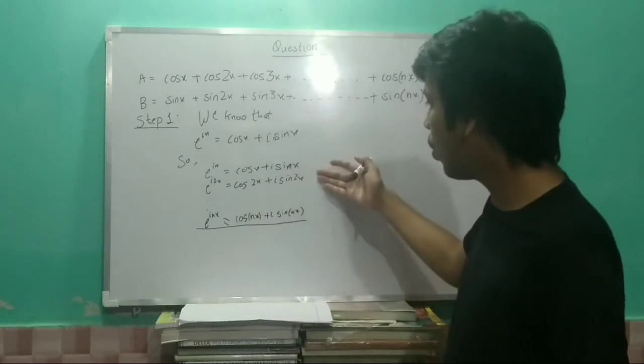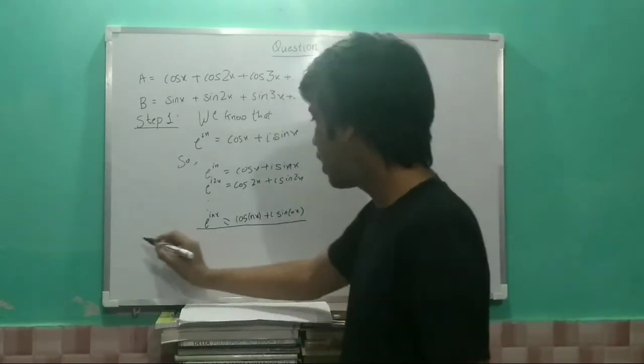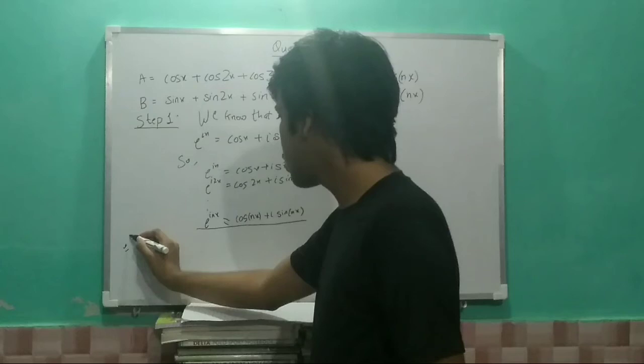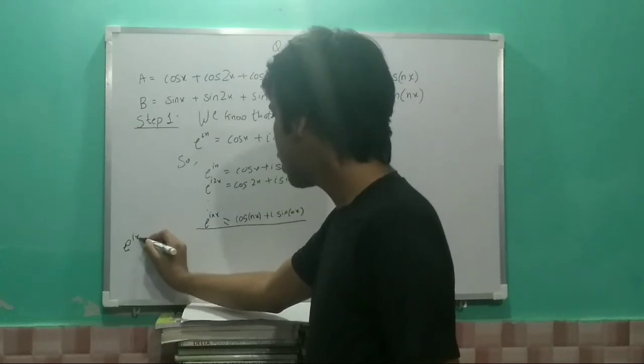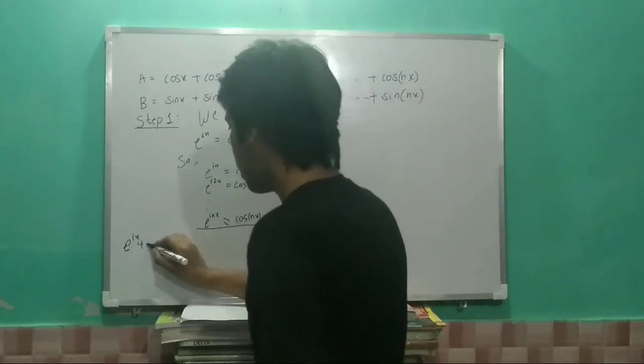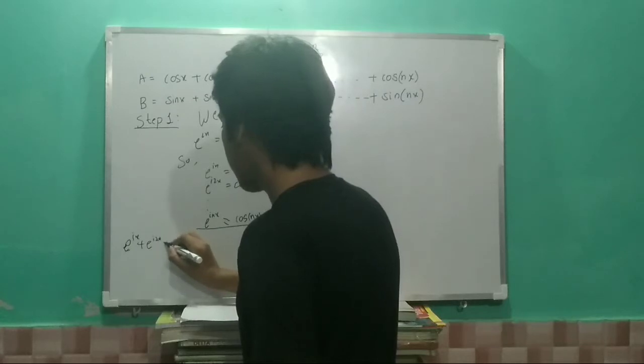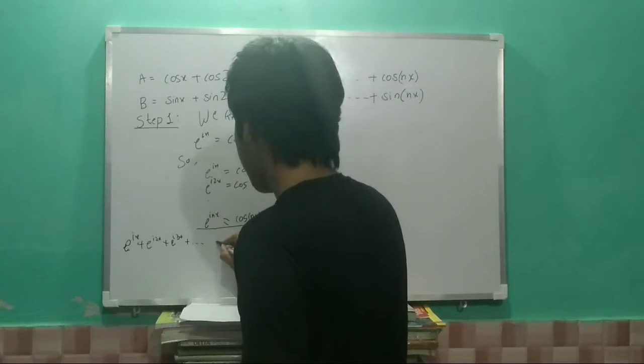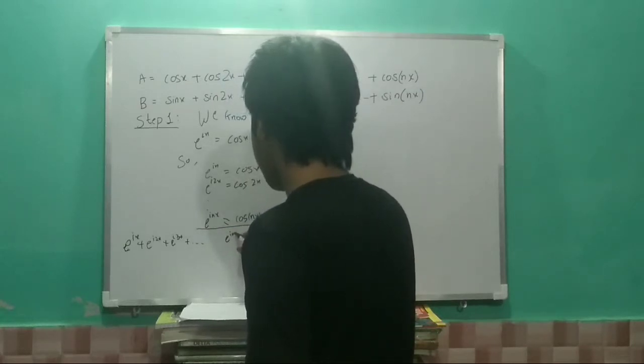So we are adding all the equations we have formed. So in LHS, e to the power ix plus e to the power i2x plus e to the power i3x up to e to the power inx.